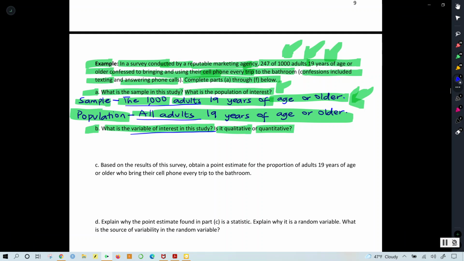I would argue that the variable of interest is bringing one's cell phone every trip to the bathroom. This is definitely a qualitative variable with two outcomes because individuals are classified based on a characteristic, whether they bring their cell phone on every trip to the bathroom or not. Let us write that down.